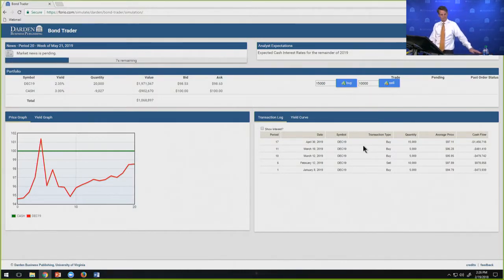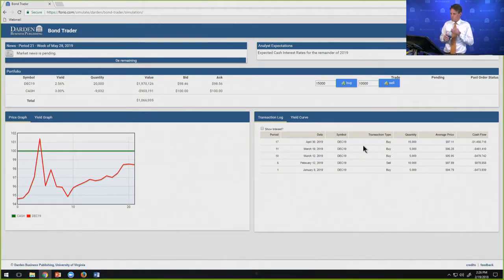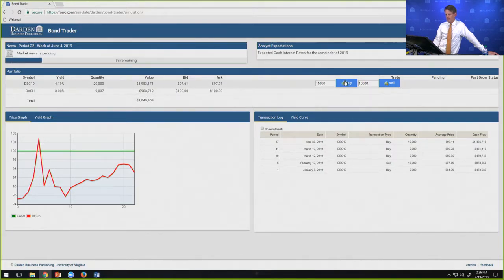Michael, folks are wondering if you could talk a little bit more about the mechanics behind the simulation. When you've created a simulated market, how does that take the student's input and mesh it with what you've done behind the scenes? Great. Essentially what happens is each week all the orders get aggregated. All the buy orders, all the sell orders, and those are coming from all the student traders as well as the computerized traders.